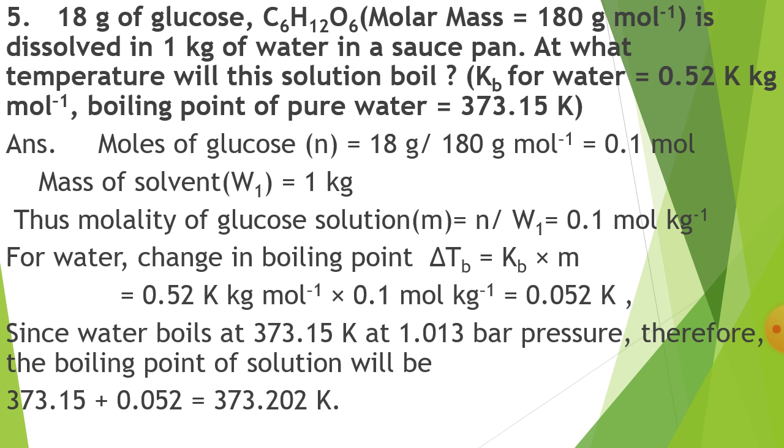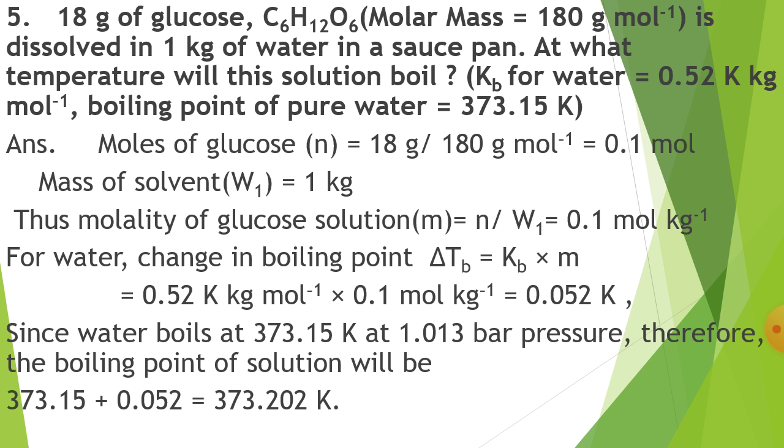Now for water, the change in boiling point, delta Tb equal to Kb into molality. Kb is given as 0.52 Kelvin kg per mole and molality 0.1 mole per kg. Here mole cancels mole, kg cancels kg, so we get the answer in Kelvin. So delta Tb equals 0.052 Kelvin.